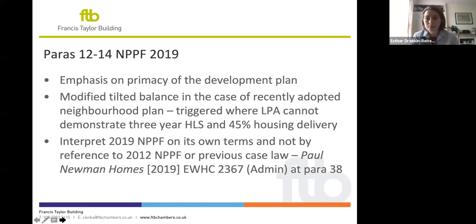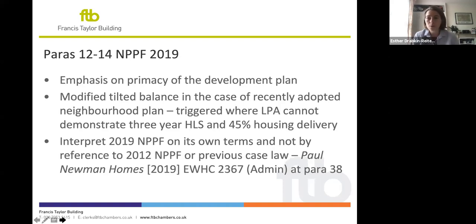So paragraph 14 says that where 4 requirements are satisfied, namely the neighbourhood plan is up to 2 years old, it contains policies and allocations to meet its identified housing requirement, the local authority has at least a 3-year supply of deliverable housing sites, and the local planning authority's housing delivery was at least 45% of its requirement under the housing delivery test over the previous 3 years.